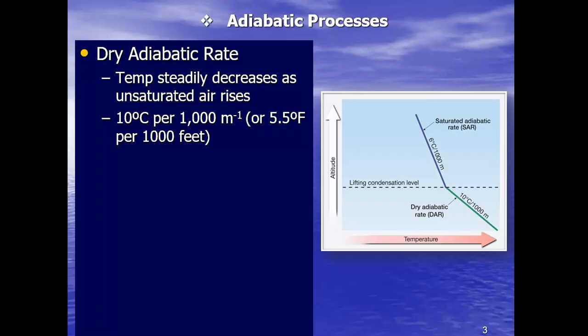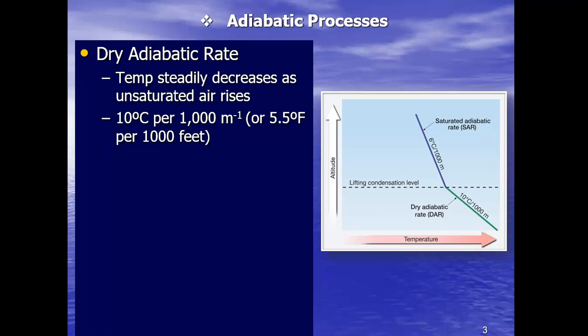And we have two adiabatic rates that we will see in nature. The first is the dry adiabatic rate. We know that in the troposphere, temperature decreases with increasing elevation, and this does happen as air rises at a standard rate.